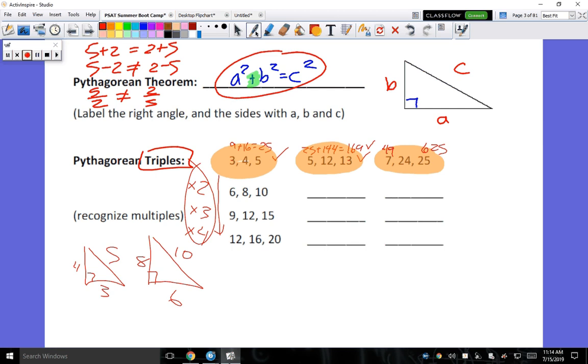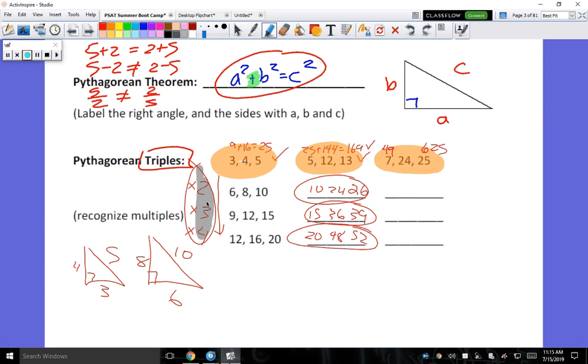Okay? Alright. Help me out with these 3 numbers. What would they become? 10, 24, what? 26. Next one? 15, 36, 39. Just multiplying by those scale factors. Next one? 20, 48, 52. Now we're going to do these scale factors.